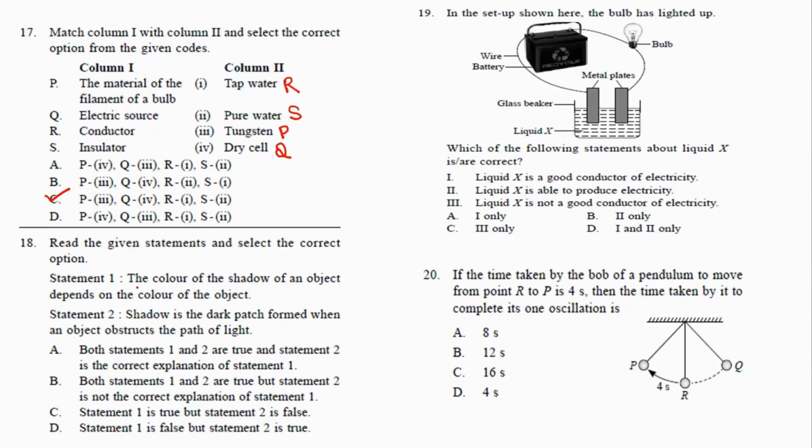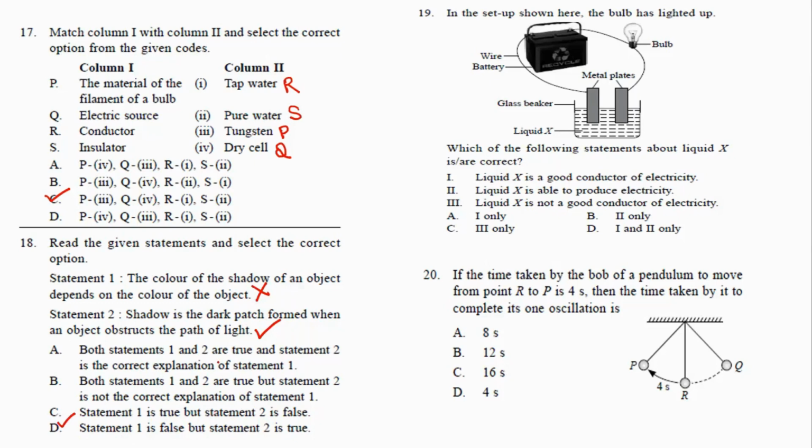So you see, in a shadow, there is no color, right? So whatever we are wearing, in the shadow it will always be black. So the first statement is wrong. And the second statement is correct. Why? Because the shadow is formed when an object obstructs the path of light. So our correct answer should be that statement 1 is false and statement 2 is true. That is option number D, right?